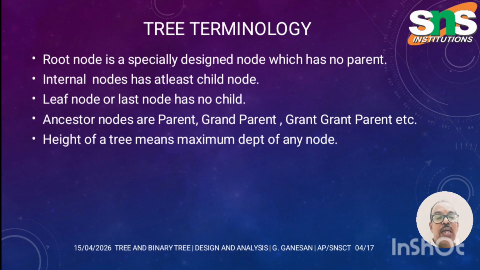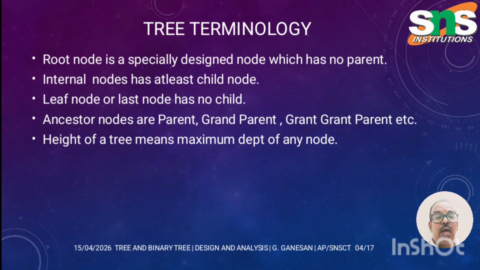A node has one, two or more than two children is called as a tree. But binary tree means a node has 0, 1 or a maximum of two nodes. So binary means 2. So a node that has a maximum of two nodes is called as binary trees.